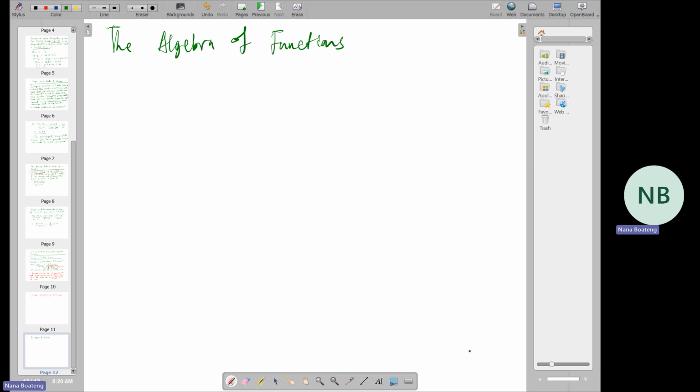When we look at the sum, difference, products, and quotients of functions.